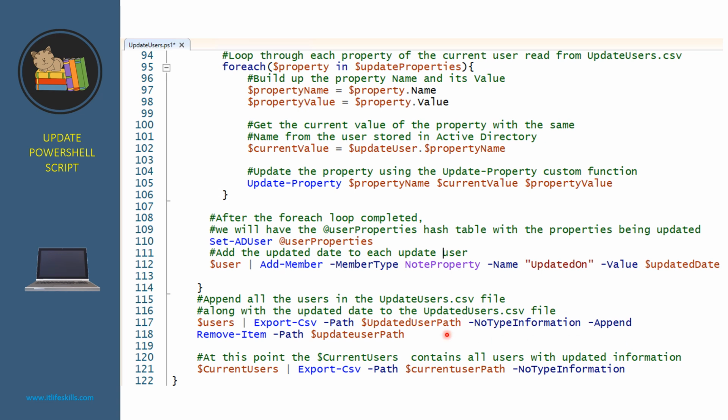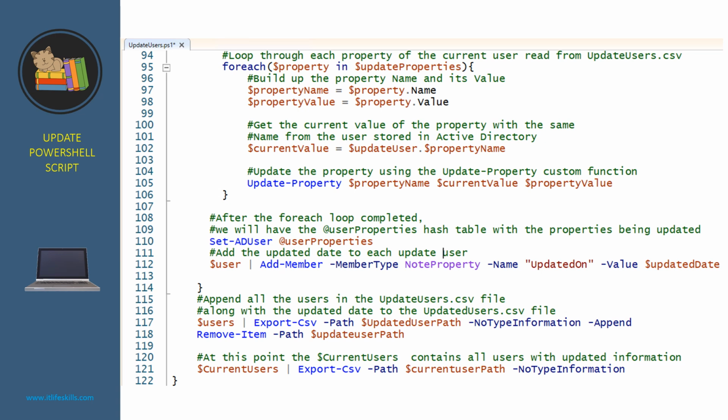Finally, this is an improvement in exporting the current users.csv file. As you may remember from the previous lesson, to export the current users.csv file, we had to perform so many steps.